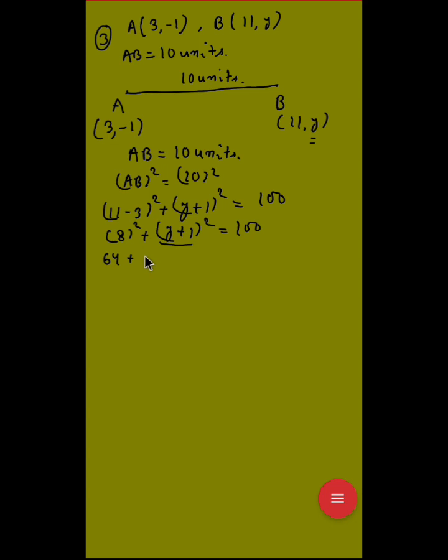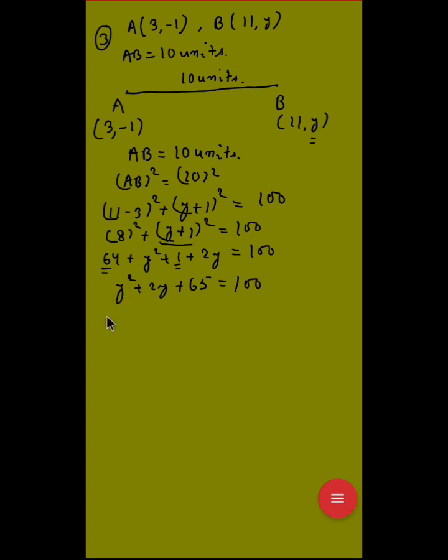So it is y squared plus 1 plus 2ab, it means 2y, is equal to 100. So y squared plus 2y plus 64 plus 1 gives 65, so I have written 65 over here, is equal to 100.